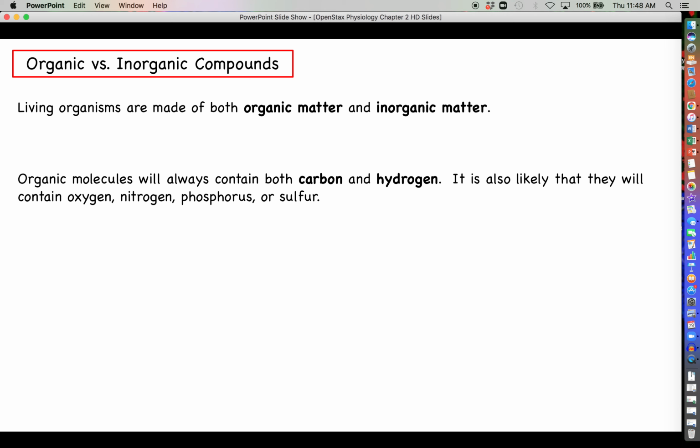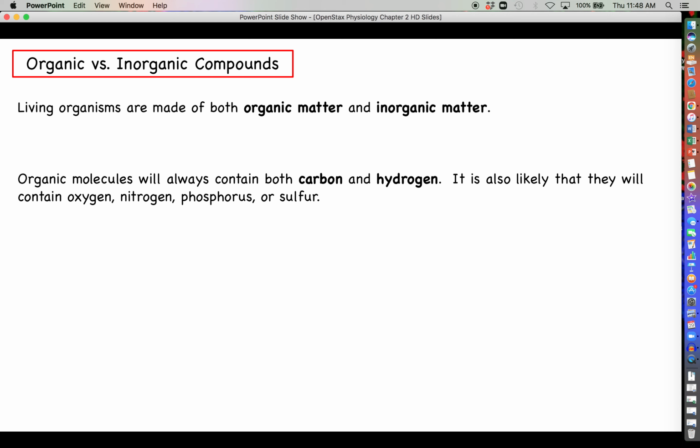Oils contain both carbon and hydrogen almost exclusively, so organic molecule. Fossil fuels are almost exclusively carbon and hydrogen, organic molecules. Coal and graphite and diamonds and things like that are just carbon, so they're not really organic molecules. They do contain carbon, but they don't also contain hydrogen.